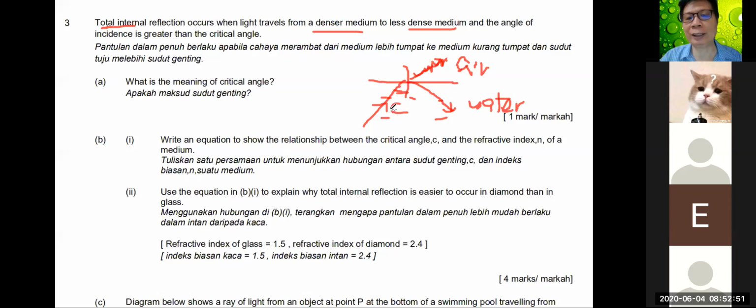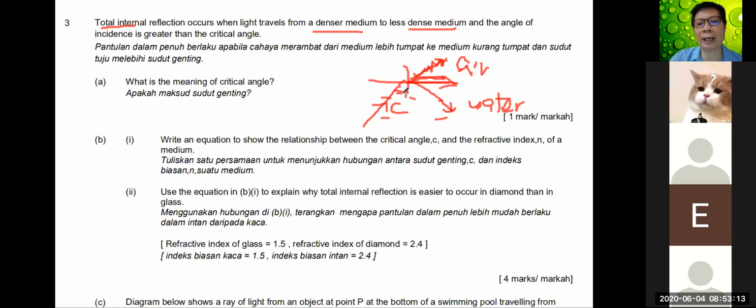If exactly critical angle, so the light goes here, horizontal, following the surface. When this is exactly critical angle C, the light goes here. When this angle is bigger than C, so it comes back. This is total internal reflection. Okay. So what is the meaning of critical angle?